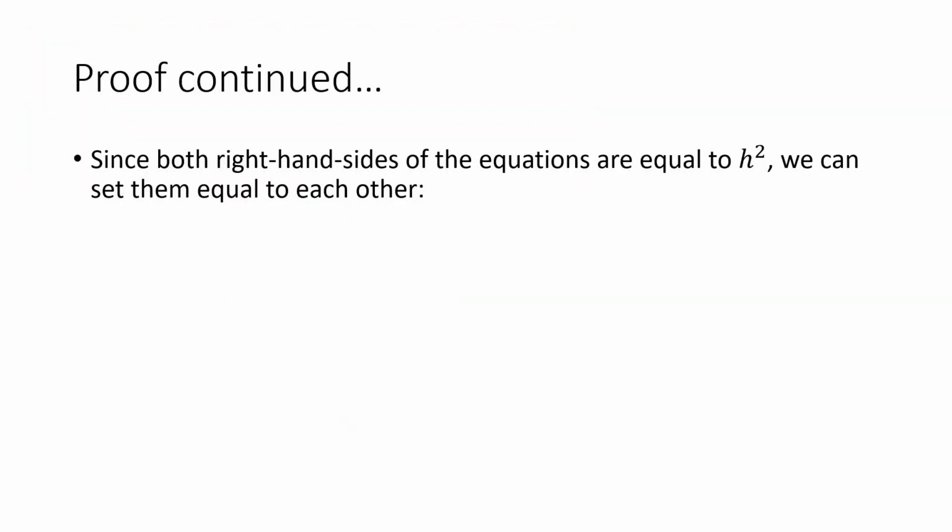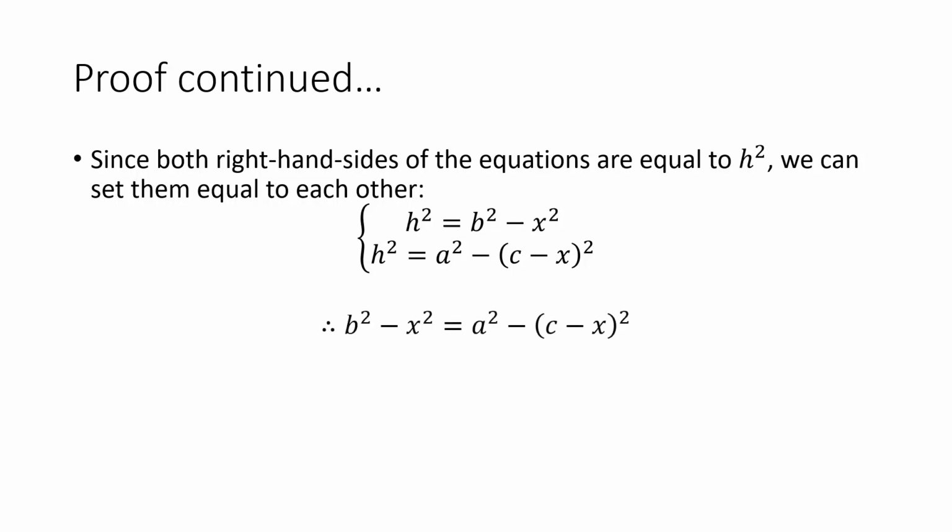So because we have now isolated h squared, we can set the right-hand sides of both equations equal to each other. So we have b squared minus x squared is equal to a squared minus (c minus x) squared. We can expand (c minus x) squared, keeping in mind that we still keep the negative sign outside the parentheses.